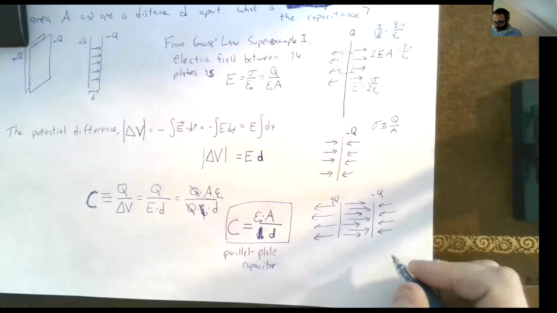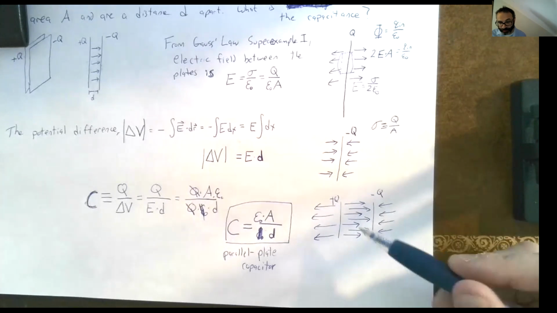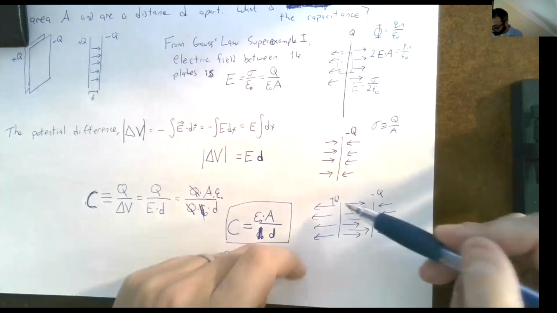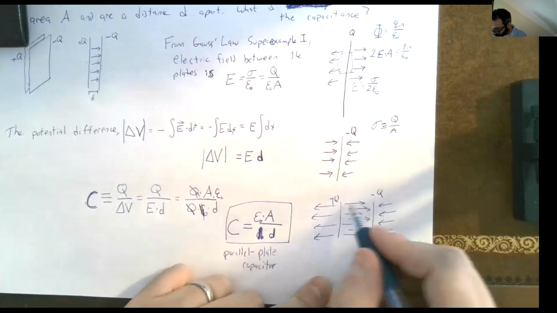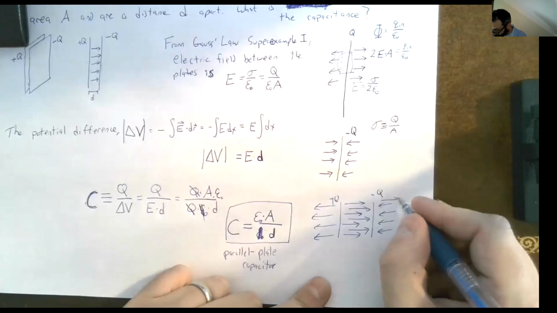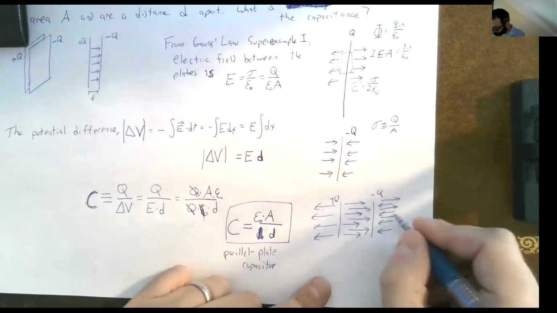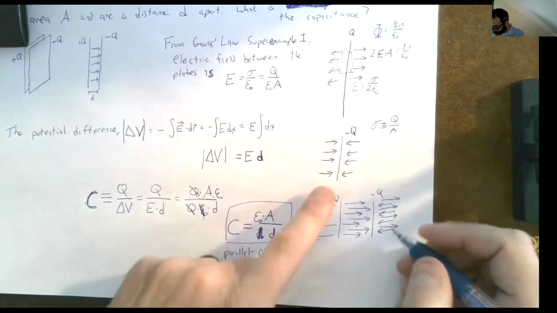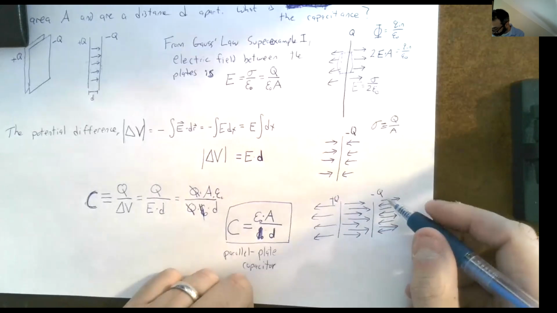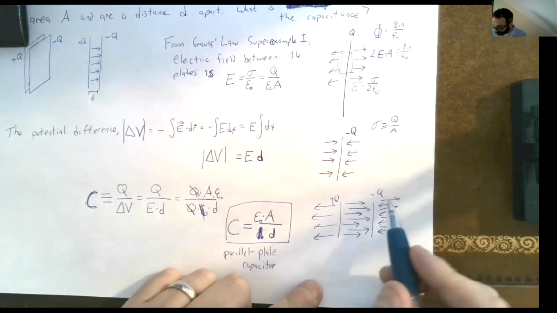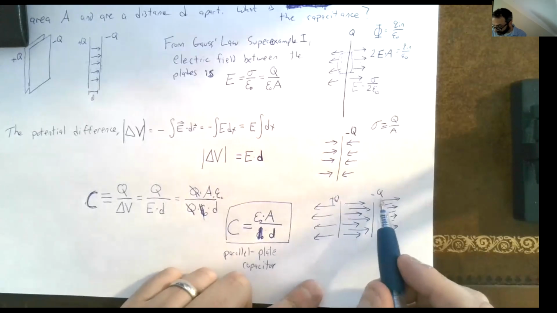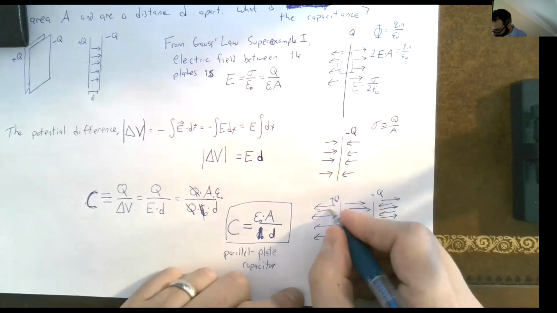And actually, let me continue on, because remember, it doesn't matter how far away you go. For the plus Q plate, these rightward arrows are still here, even on this side. These arrows coming from the plus Q plate are still here, and these leftward arrows, and the rightward arrows for the minus Q plate, still exist out here.